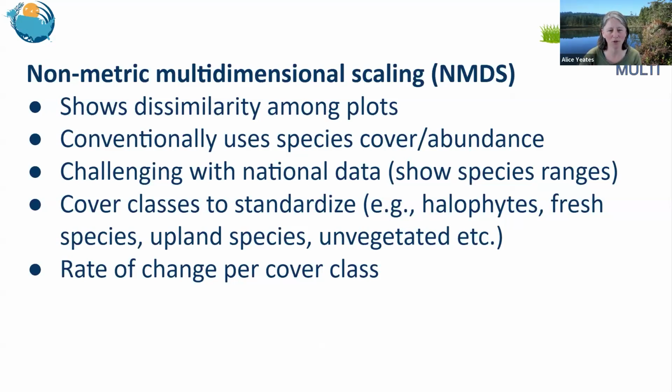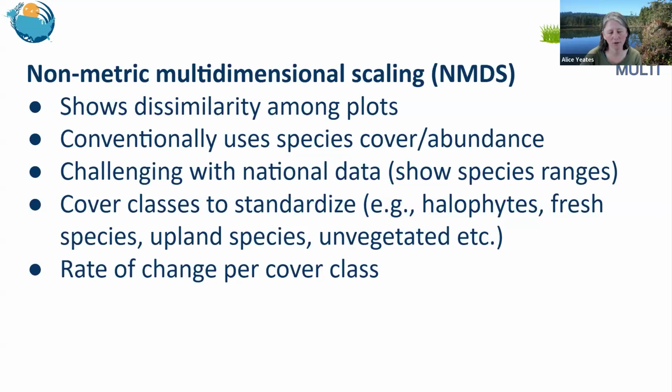But I wanted to note that conventionally this uses species cover and abundance. But the challenge with national data is that if we use species cover, this would basically just show the species ranges, which wasn't interesting for this study. And so we use cover classes to standardize, so halophytes, fresh, etc. And then we also looked at rate of change per cover class.